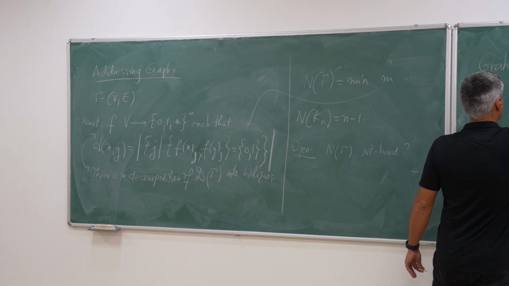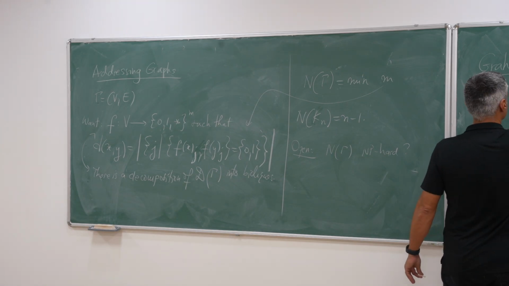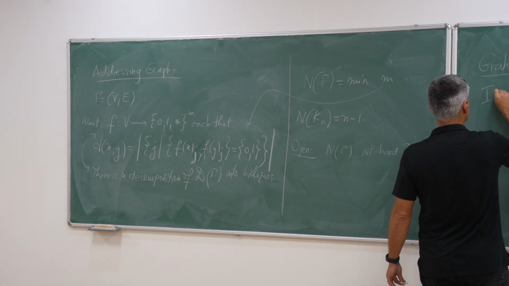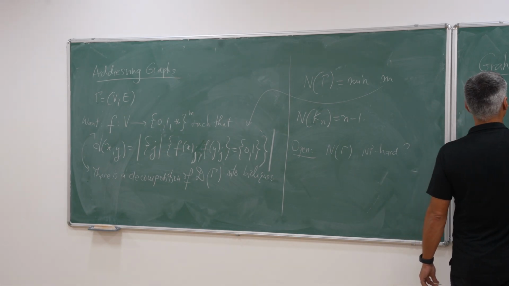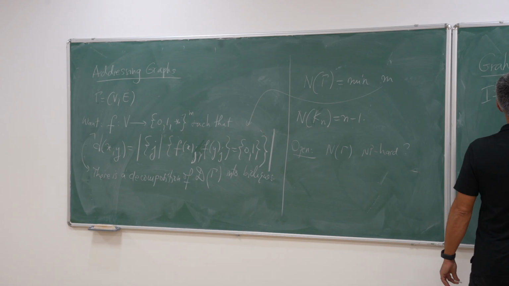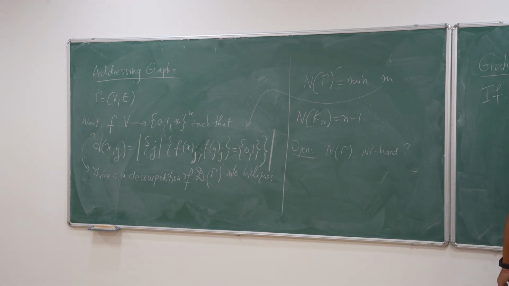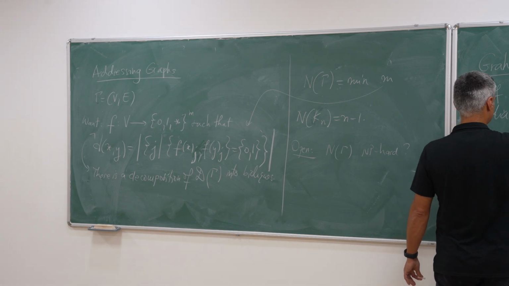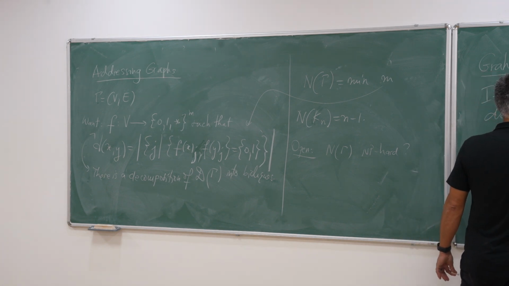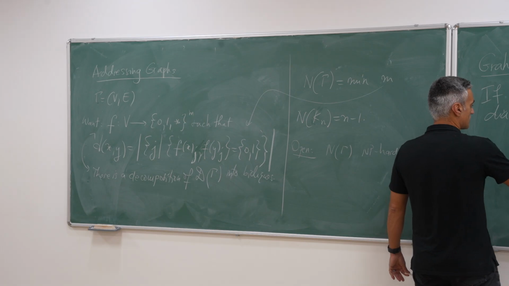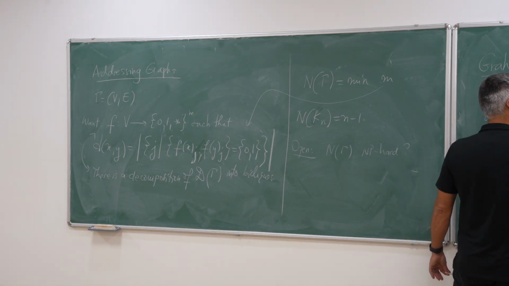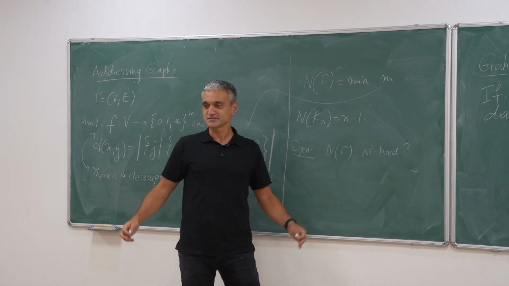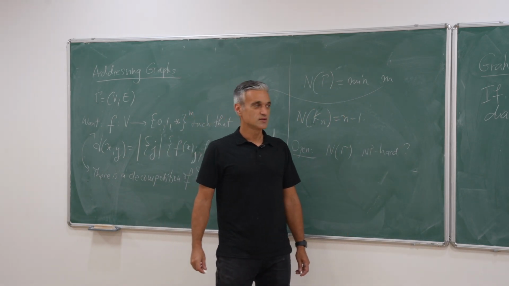In their work in the 70s, Graham and Pollak proved that if gamma is connected with diameter d, then this parameter n of gamma is less than or equal to n minus 1 times d. Let me write it this way so that it's clear that it's a product.